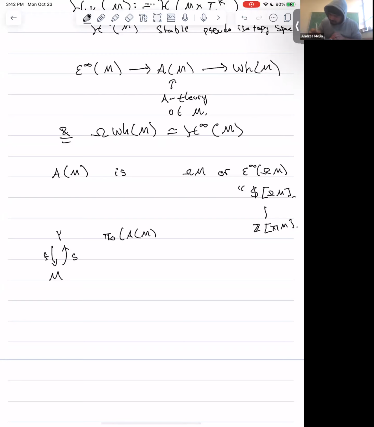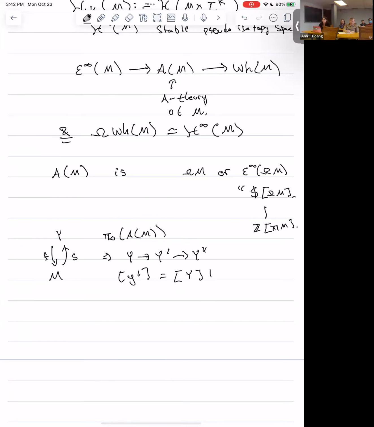And then what pi 0 of A of M does is it detects all these spaces, but whenever there's a cofiber sequence, let's say Y to Y prime to Y double prime, it enforces the relation that Y prime is equal to a formal sum of Y plus Y double prime.